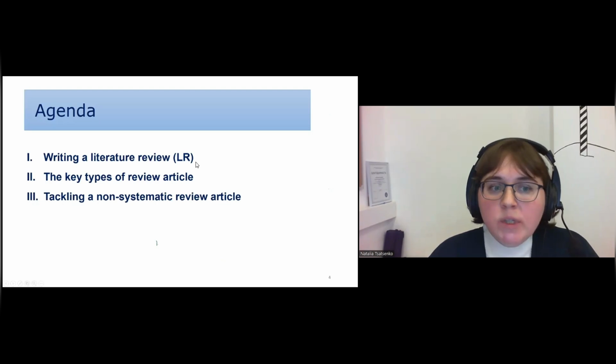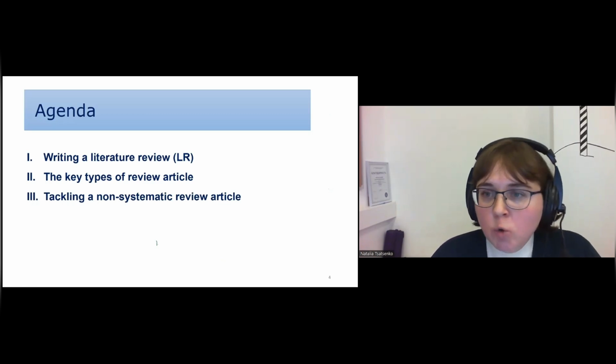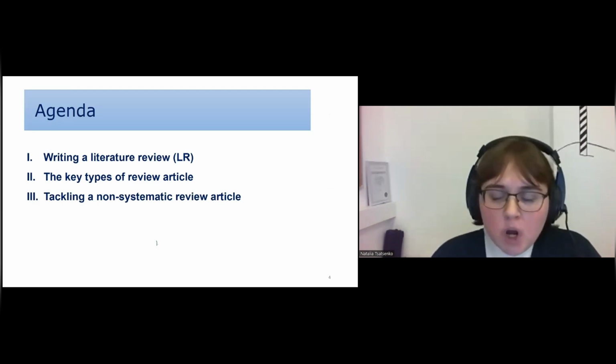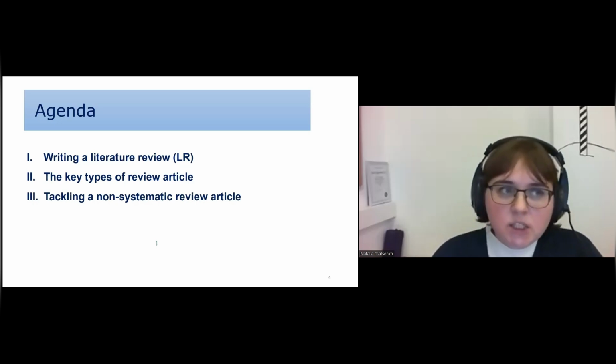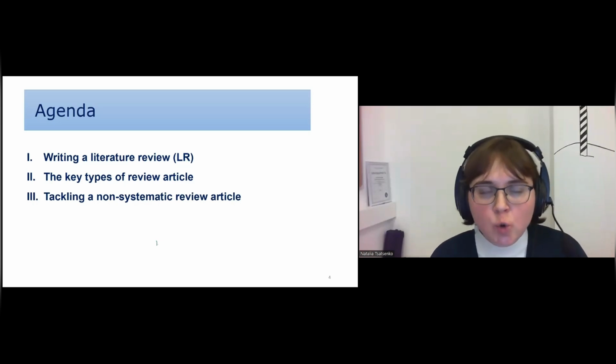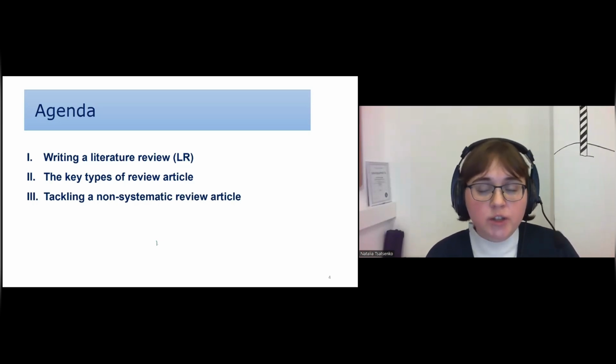So our seminar is based on three elephants. The first big part is how to write a literature review. In this section, I present the key stages and the key mistakes which we can make. I will talk about the literature map, and we will also do one interesting handout exercise on how to use academic language in the literature.